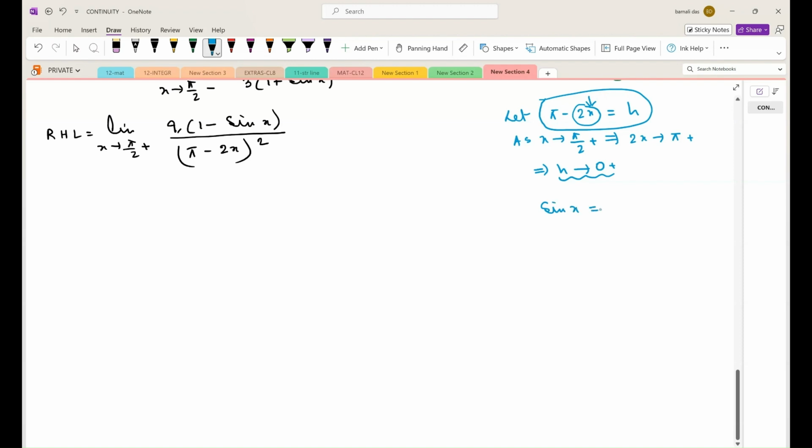From this substitution, you can see that 2x equal to pi minus h, so x will be pi by 2 minus h by 2. So sine of pi by 2 minus h by 2. So this is how we simplify this.